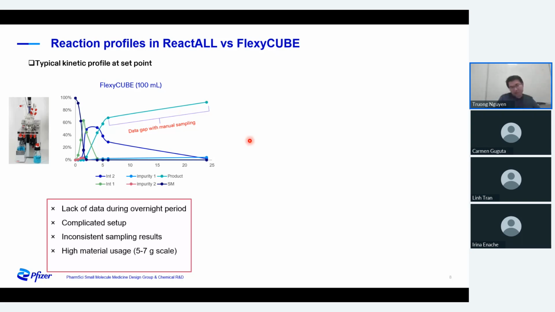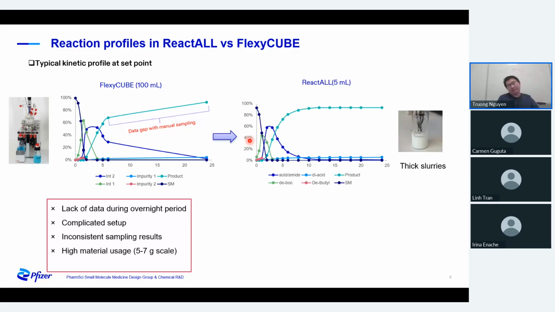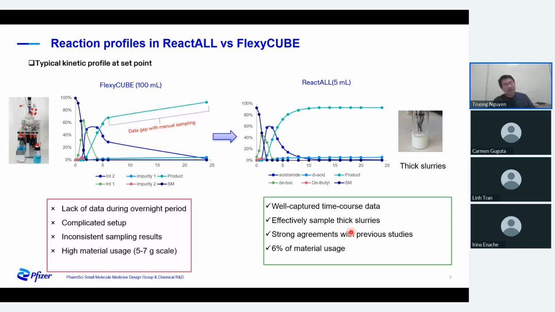And then we replicate the reaction in ReactALL in 5 mL scale. Overall, you can see that it can capture very well the entire course of the reaction. So now we know that nothing really happened in between.